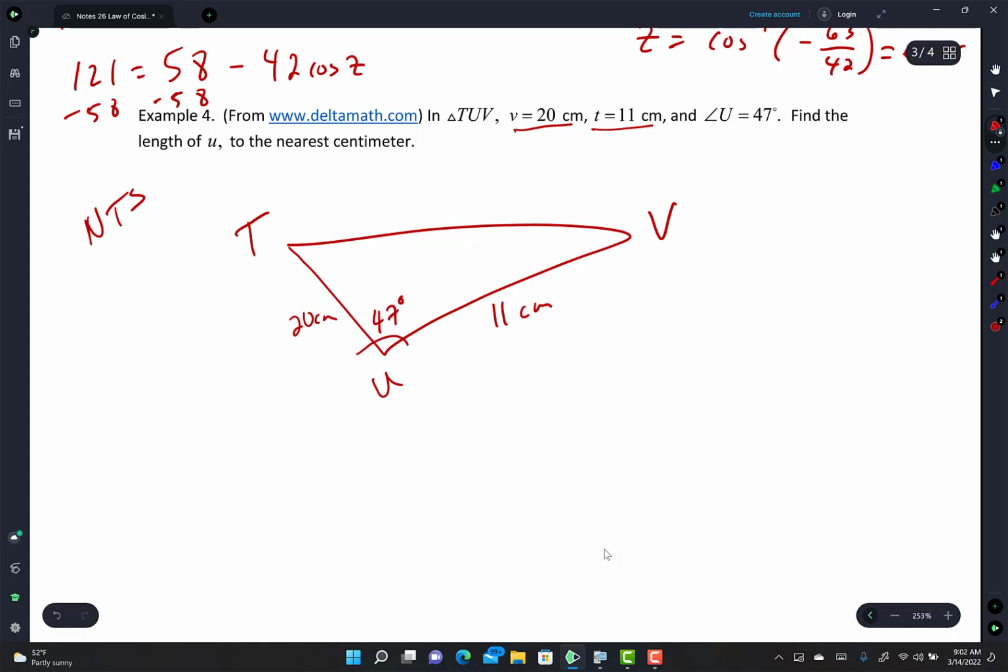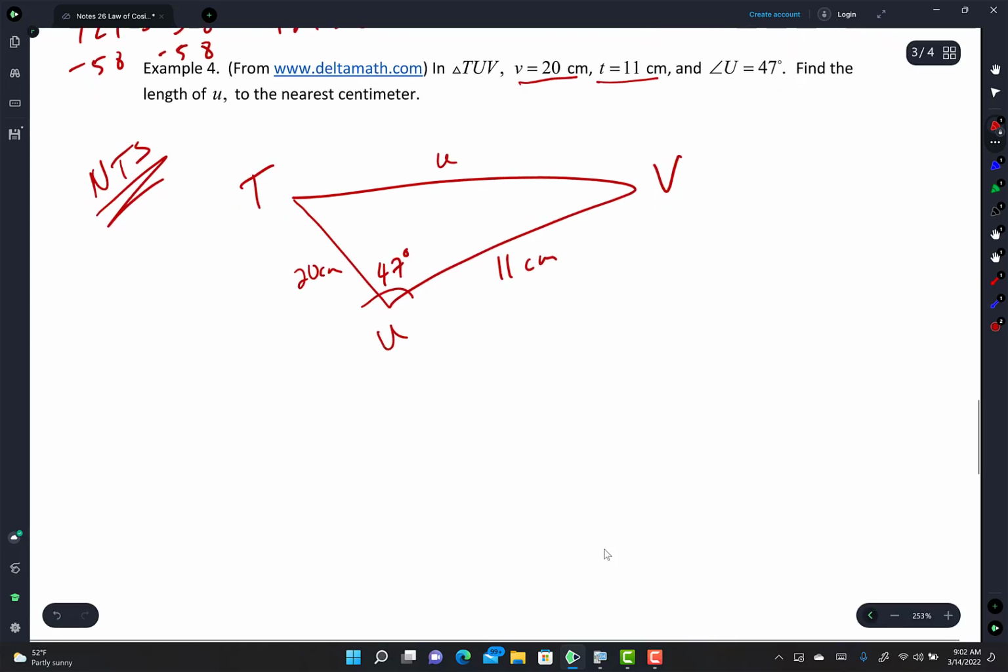Obviously, it does not look like 47, so that's why I put not to scale. They want length of u, so I'm just going to do my law of cosines right off the bat. u squared equals 11 squared plus 20 squared minus 2 times 11 times 20 cosine 47 degrees.